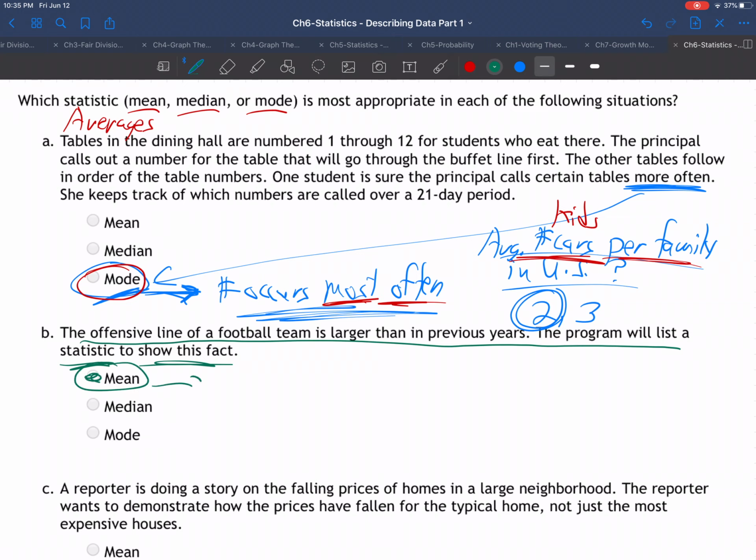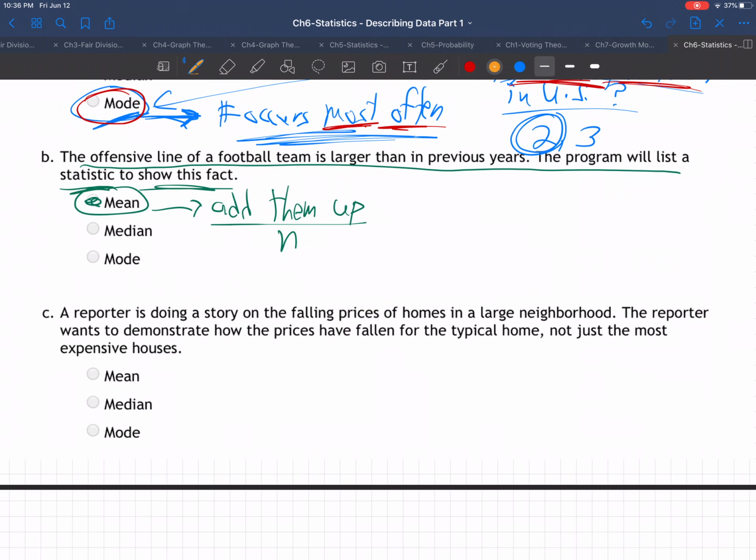Because mean is where you add them up and divide by n. Total of all the numbers. So you just add up all the weights of the football players and divide by n, the total number of players. That would be the mean. That's the most typical average we're used to.